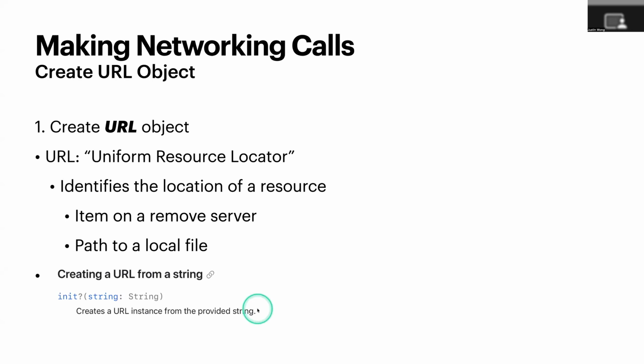So the first step is to create a URL object. URL stands for Uniform Resource Locator, and it identifies the location of a resource. For example, we have seen URLs from websites, right? That uniquely identifies that page for the website. All the web pages that you go to in your web browser are actually files located on some server or remote computer, and the URL uniquely identifies the file path for that file.